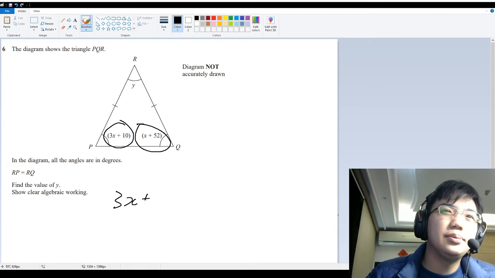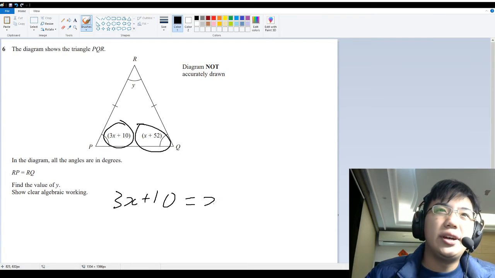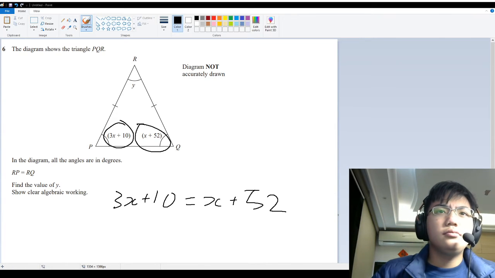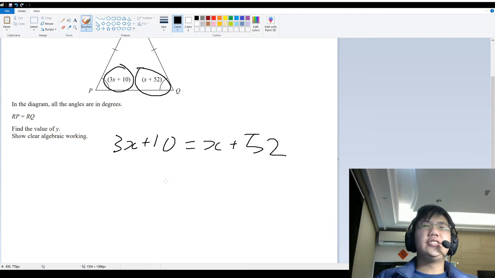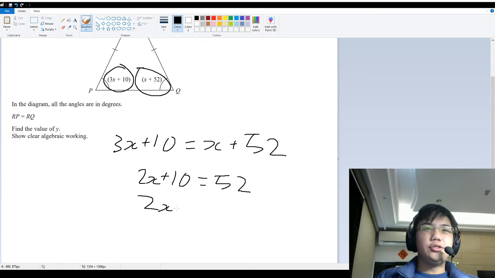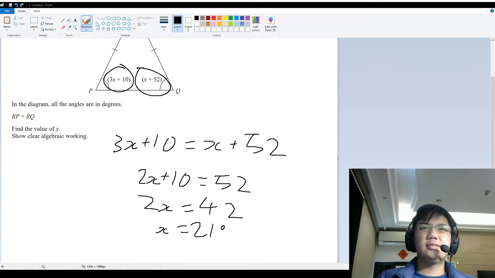So 3x plus 10 equals x plus 52. Since both of these angles are the same, we can rearrange the equation to solve for x. So 2x plus 10 equals 52, 2x equals 42, and therefore x equals 21 degrees.